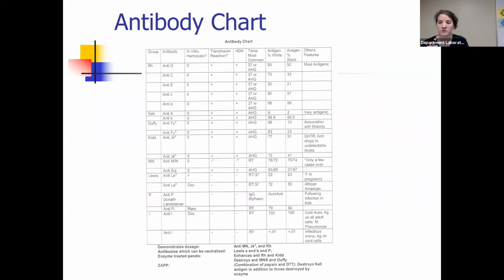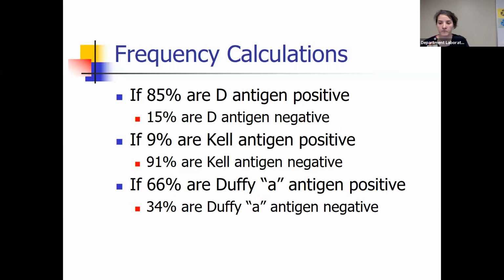And here's your chart. An example of that: your chart says 85% of the population is D positive, so that means 15% of the population is D negative.